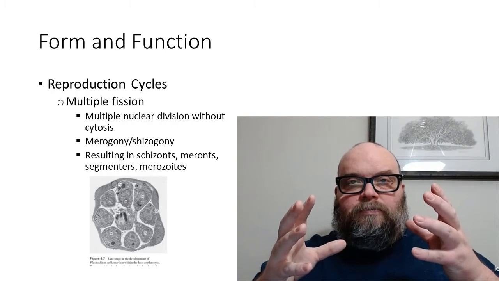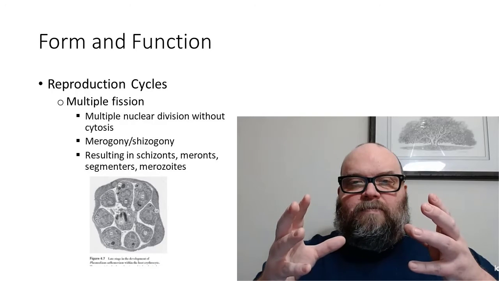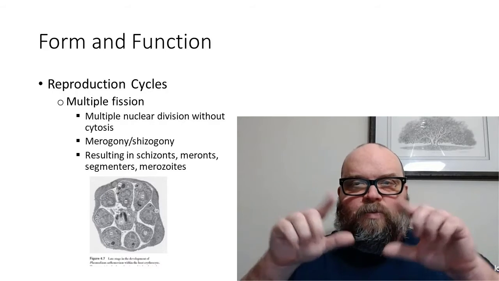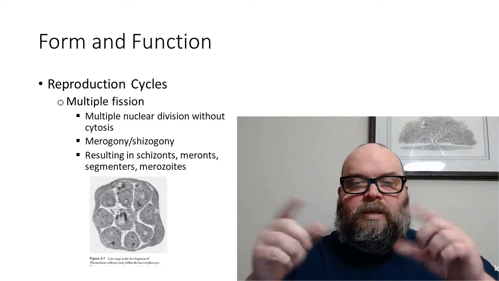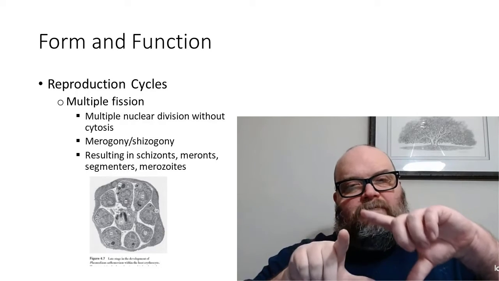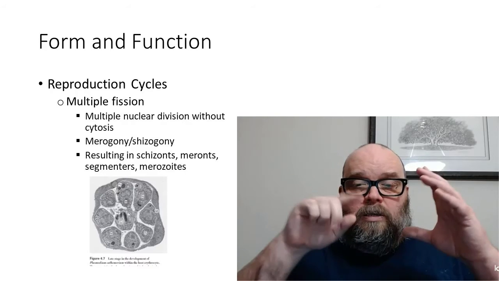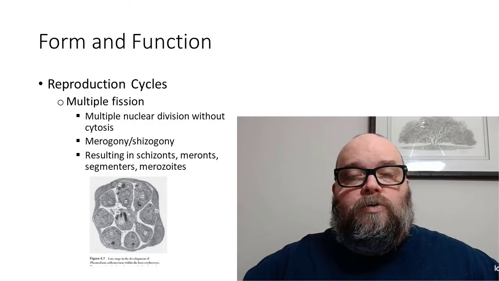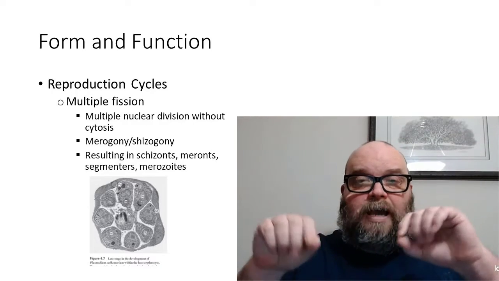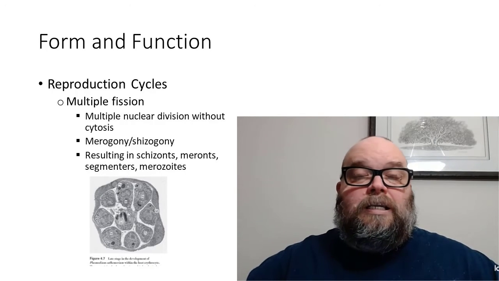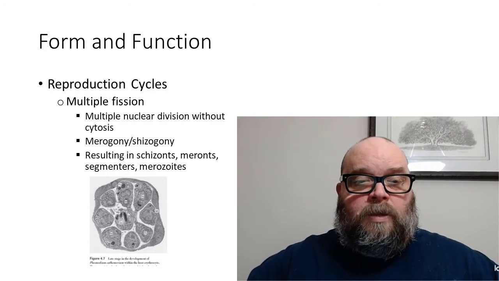Okay? So you have, instead of one mitotic event followed by cytokinesis, after telophase, then you get the dividing again, and the dividing again, and the dividing again. So in one cell, you could have 6, 8 daughter nuclei. And at some point later, that cell will then divide up, and then boom, you have 8 genetically identical daughter cells.